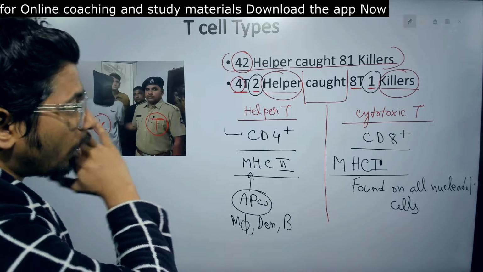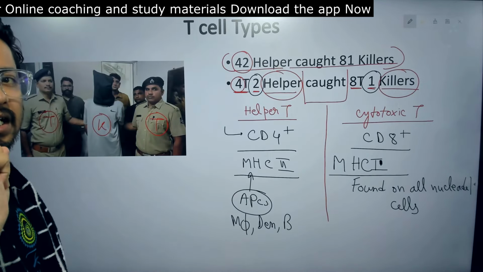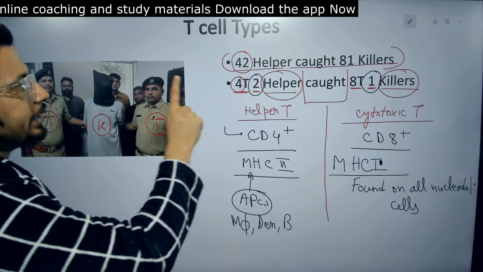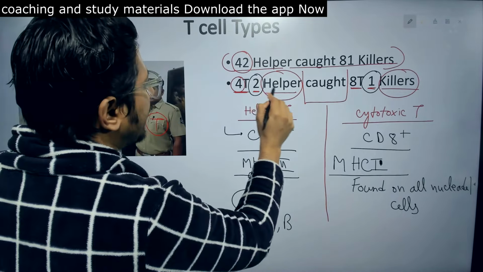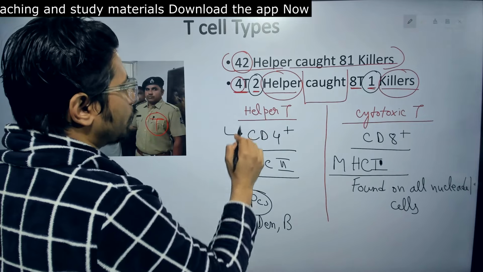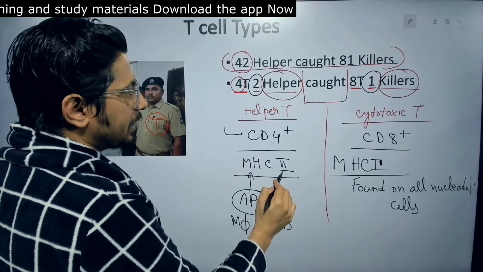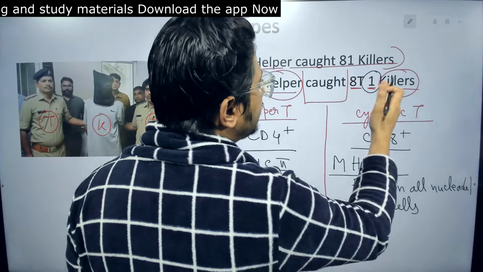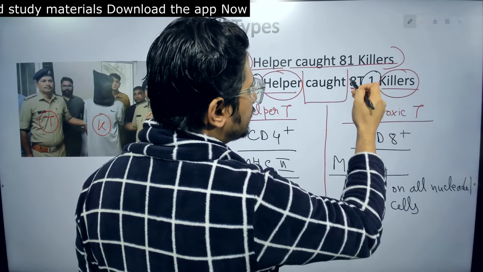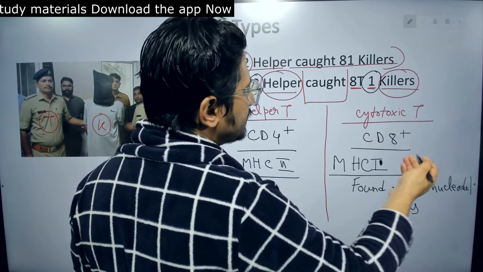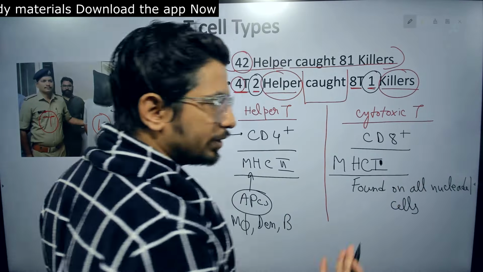But we get to know all this information from this single sentence: 42 helper caught 81 killers, where 4T helper is T helper cell, 4 for CD4 plus, 2 is for MHC class 2, and 81 killers where killer T cell or cytotoxic T cell, 8 is for CD8 plus and 1 is MHC class 1, found on all nucleated cells.